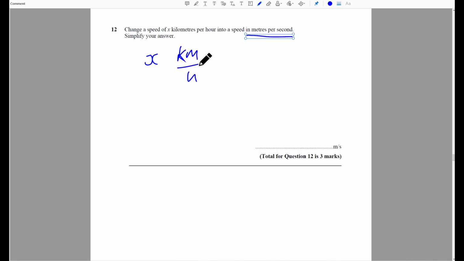Now we want to convert that to x meters per second, which is meters per second, right? Meters per second. And that -1, that's just another notation for it.